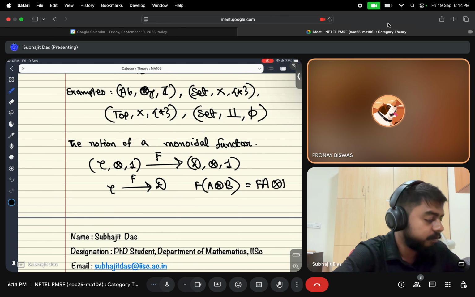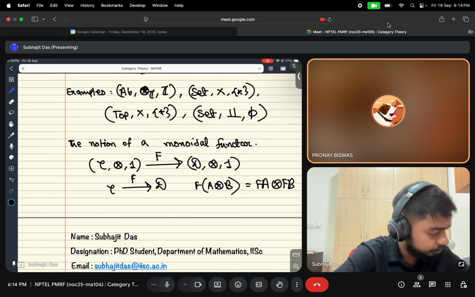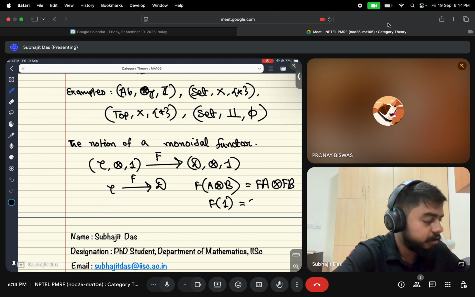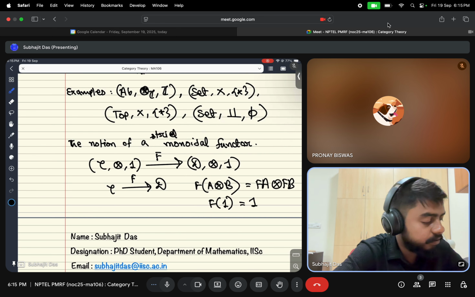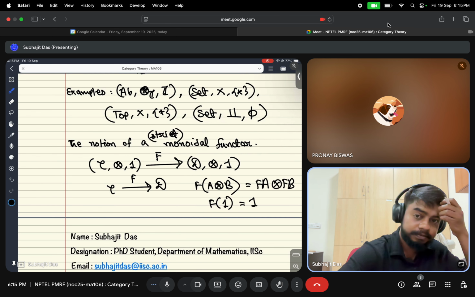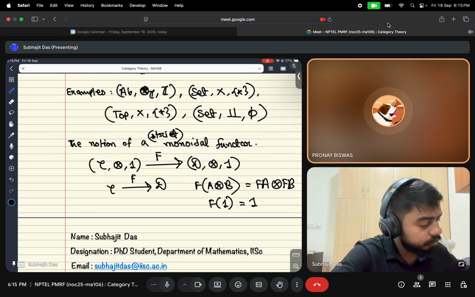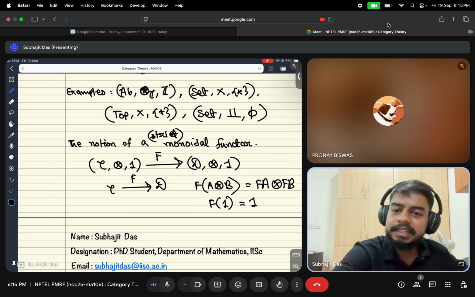Yeah. So this is called a strict monoidal functor because it strictly preserves this. Was anything else taught?